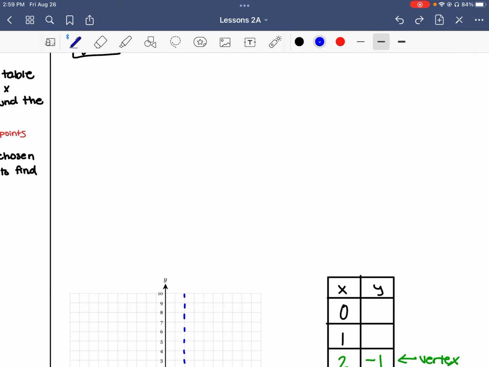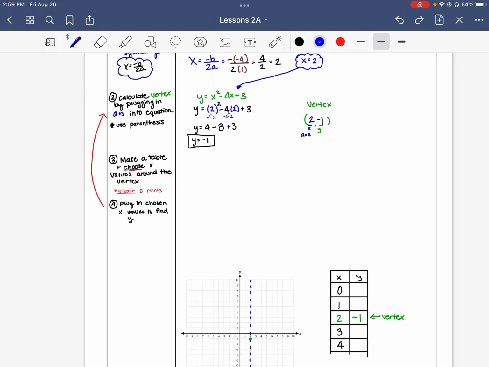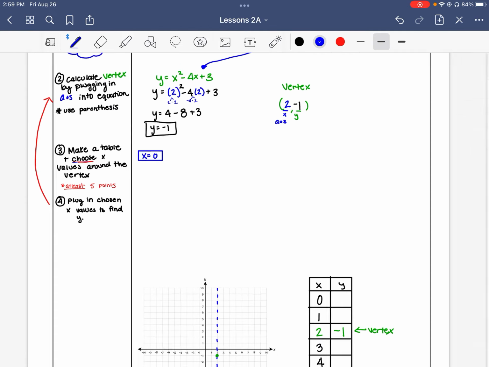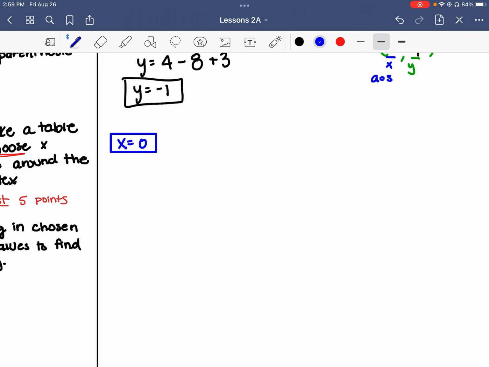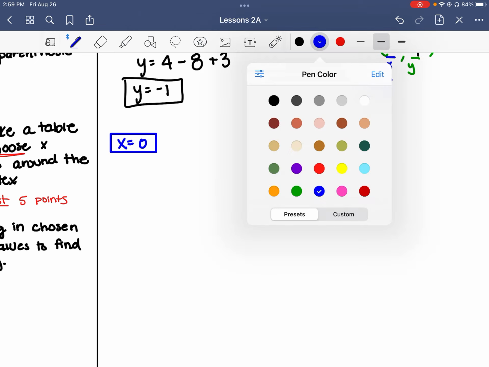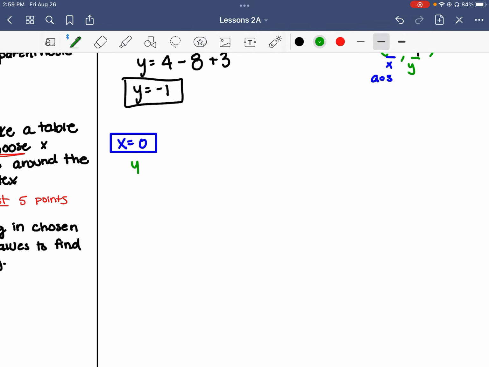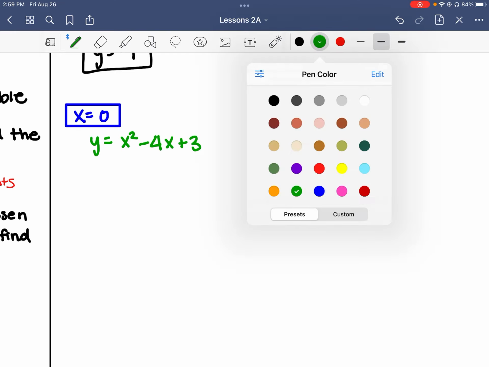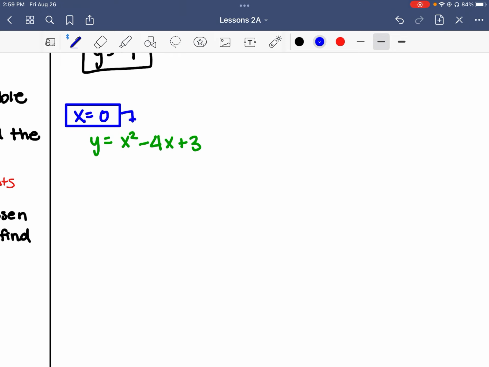So I'm going to do my 0 first. So x equals 0. Again, my equation was y equals x squared minus 4x plus 3. Now I'm going to be plugging in my 0 anytime I see an x.